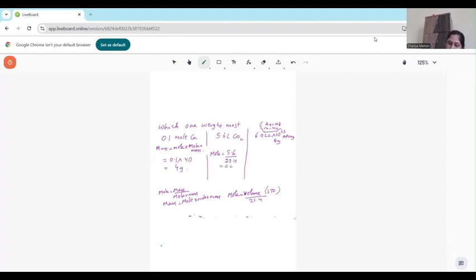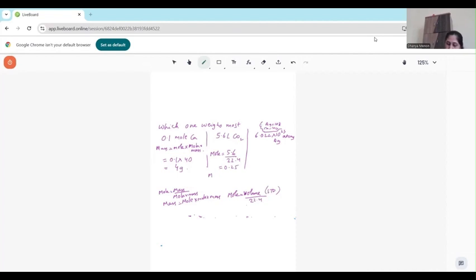So how to find out the mass? Mass equals mole times molar mass.